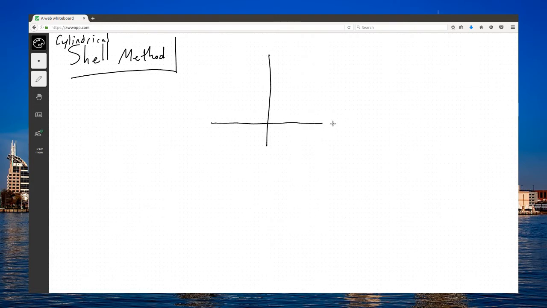So let's suppose we have, in the xy plane, some vertical axis of revolution. And we have a region that we would like to rotate around.